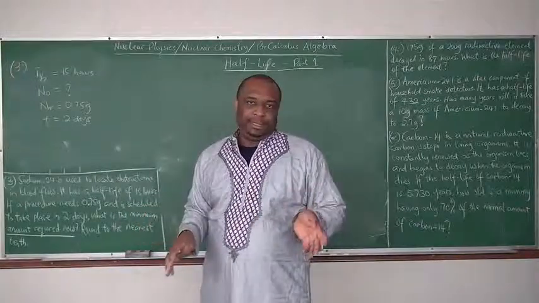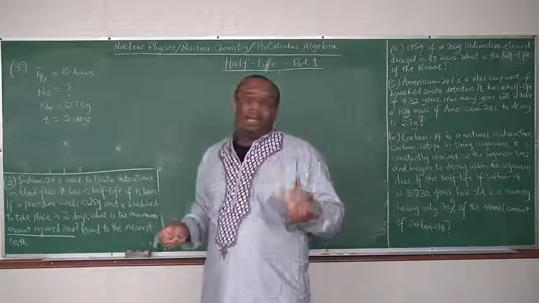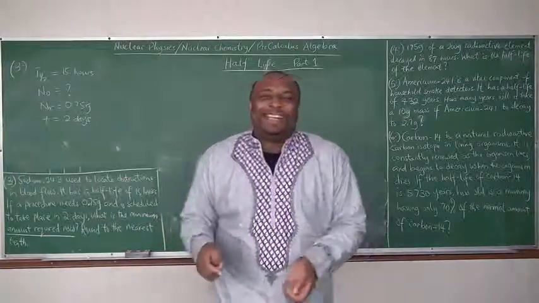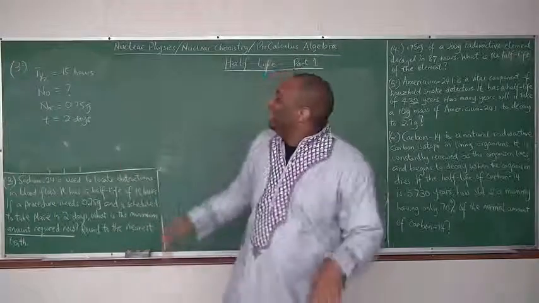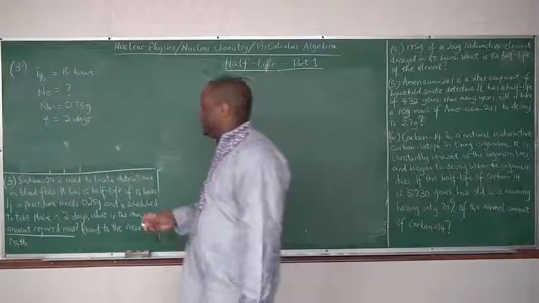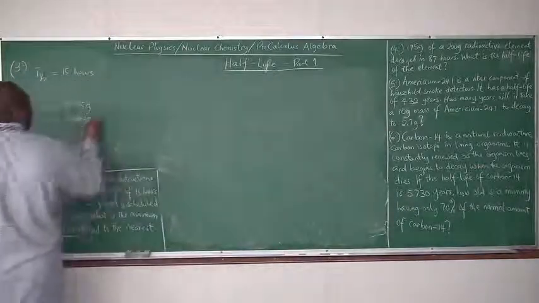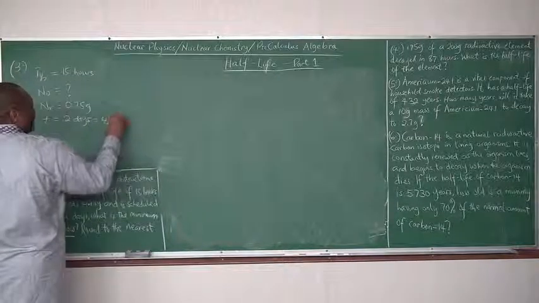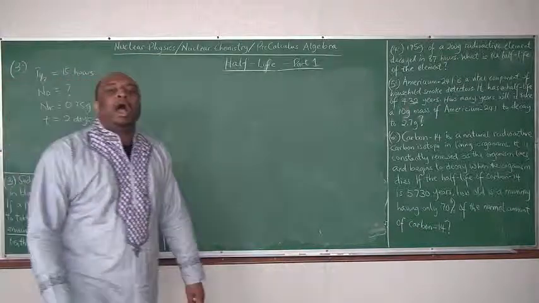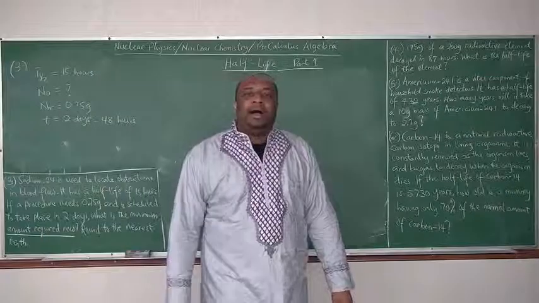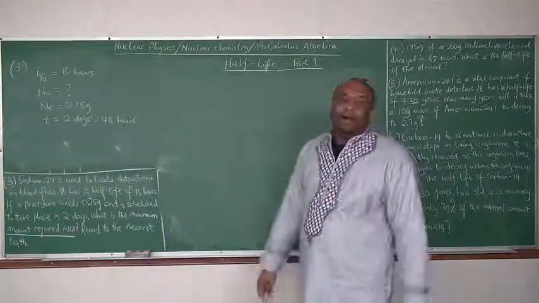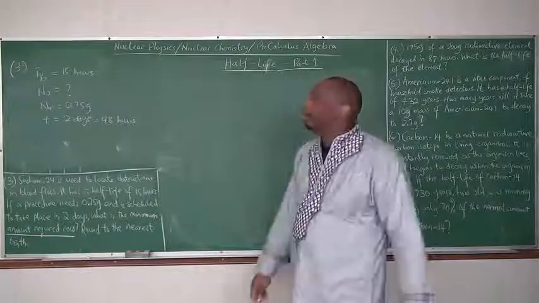So 1 day is how many hours? 1 day is 24 hours, so 2 days is 48 hours.